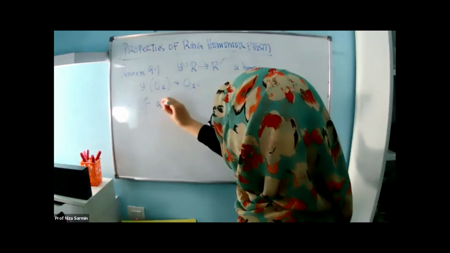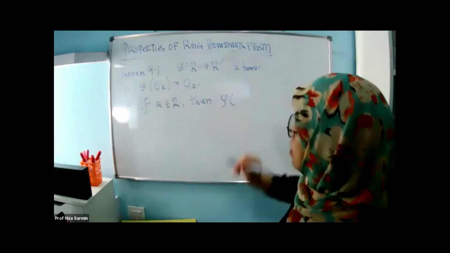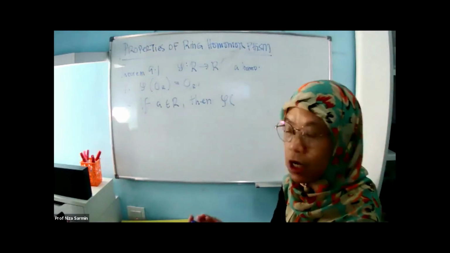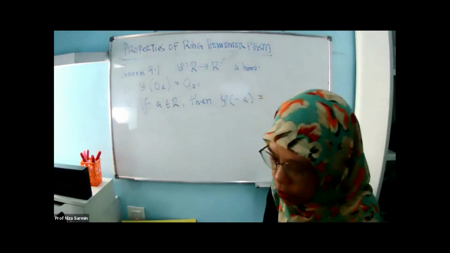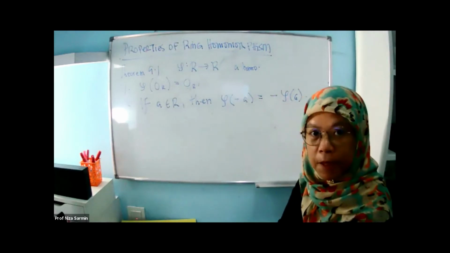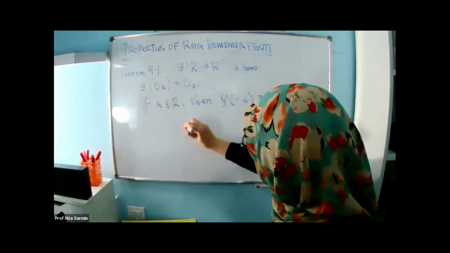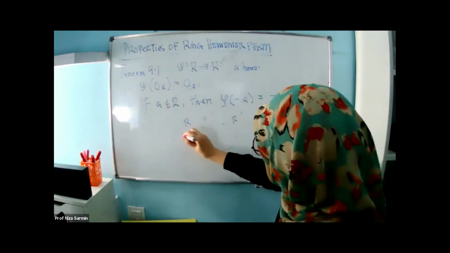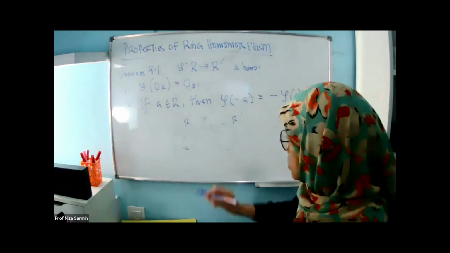If we have A in R, then since it's a ring, the additive inverse is also in R, and the image of the additive inverse of A is just the additive inverse of the image. There is A here, and there is also negative A, the additive inverse.